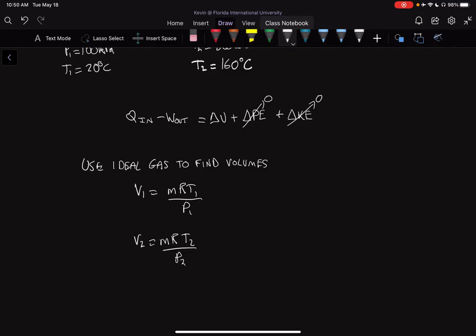By solving for volume 1 and volume 2, you would find that the work boundary using P1 plus P2 over 2 times V2 minus V1, and I'll let you do the actual mathematical calculation in your own time, you would get minus 11,163 kilojoules.